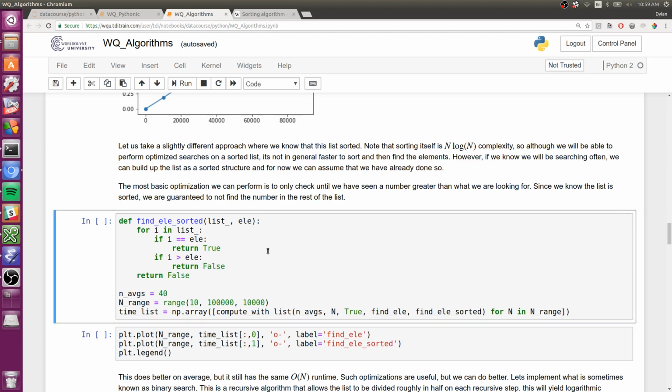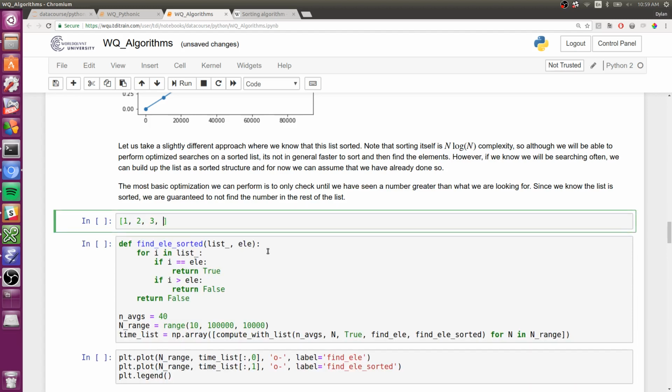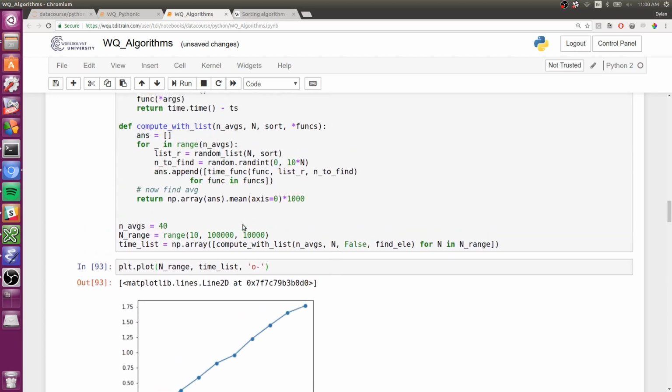So if I have a list 1, 2, 4, 5, 6, and say I'm looking for 3. I look in the first spot, it's not there. I look in the second spot, it's not there. I look in the third spot and I see 4, and I say 4 is bigger than 3, so I know all the remaining elements will also be larger. I can just stop now. So that's the most obvious advantage we can leverage, knowing that the list is sorted.